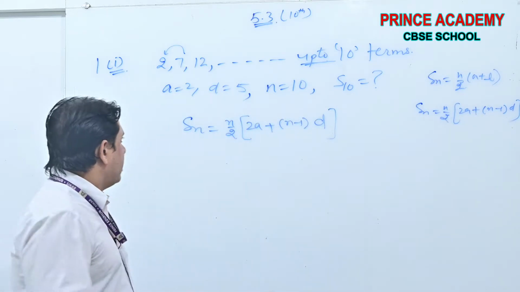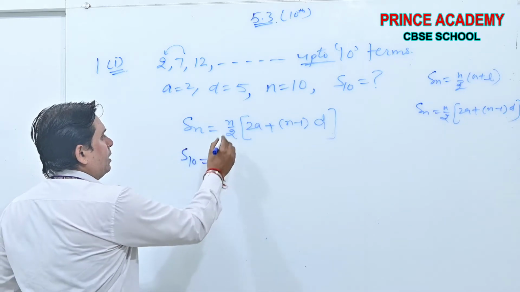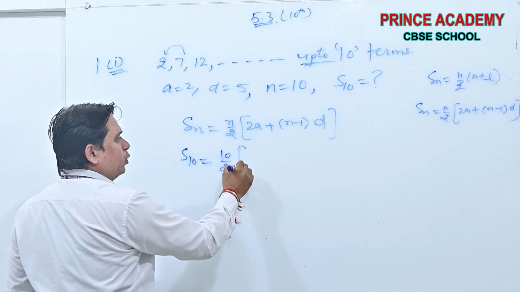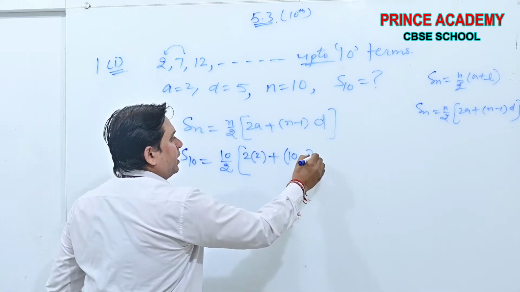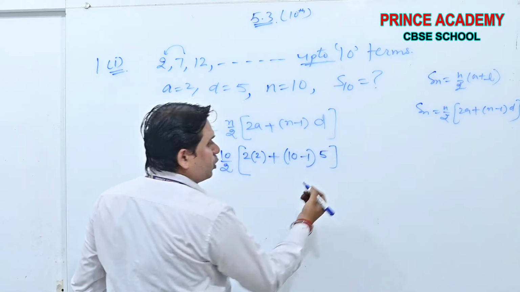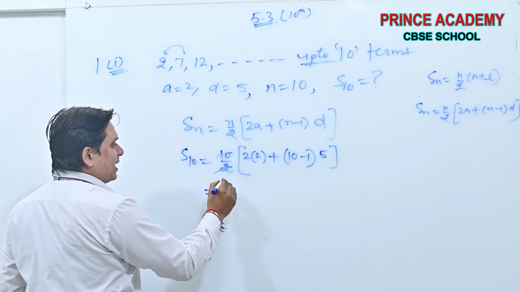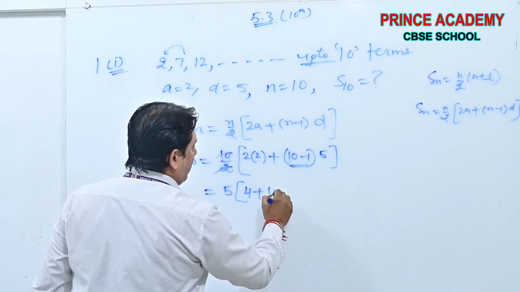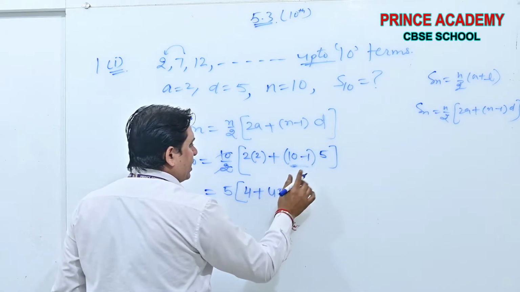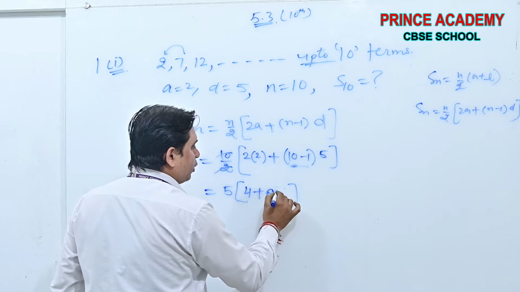Okay. S10. N by 2, 10 by 2. 2a is 2. N is 10. D is 5. Yes or no? 2 cancels with this, 5. 2 2s are 4. 9 5s are 45. Yes or no? 10 minus 1 is 9. 9 into 5.